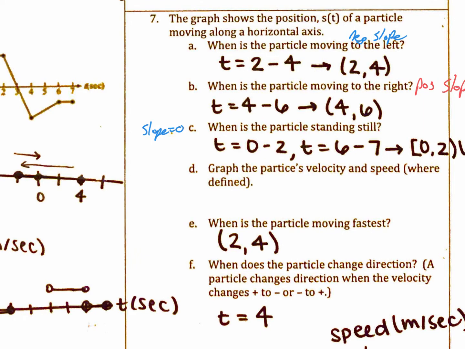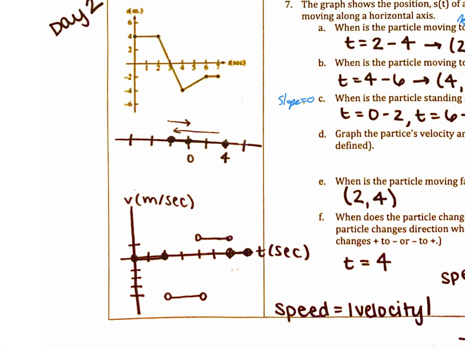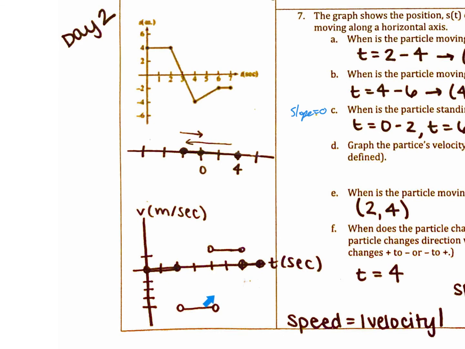All right, graph the particle's velocity and speed. Ooh, typo. Particle's velocity and speed were defined. Okay. Well, velocity is just the rate of change. So here I've got a velocity graph. It looks like for the first 2 seconds, our function is just standing still.